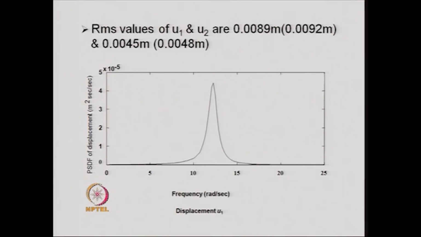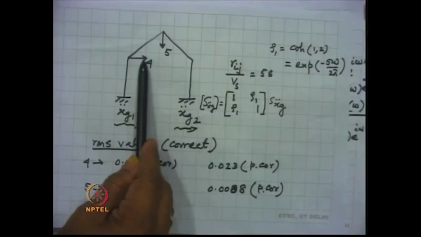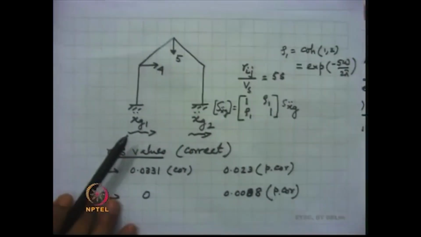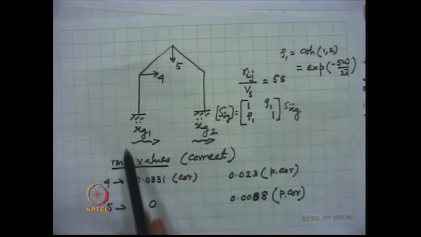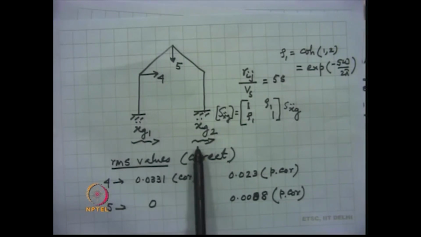accuracy of the result. We solved another problem, which was the pitch roof portal frame. If you recall, we had a pitch roof portal frame with a degree of freedom here and a vertical degree of freedom 5, and this has a multi-support excitation, two multi-support excitations.